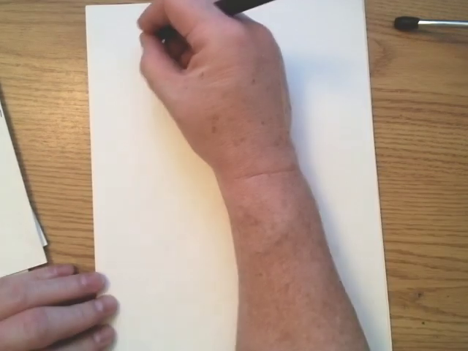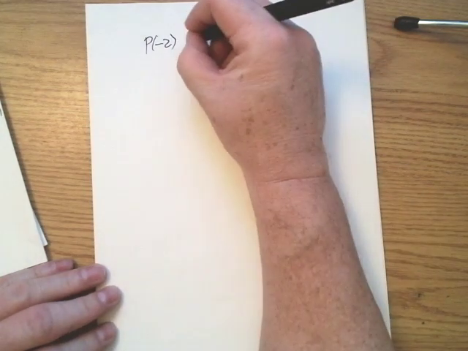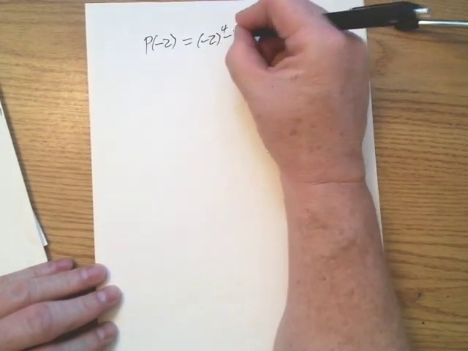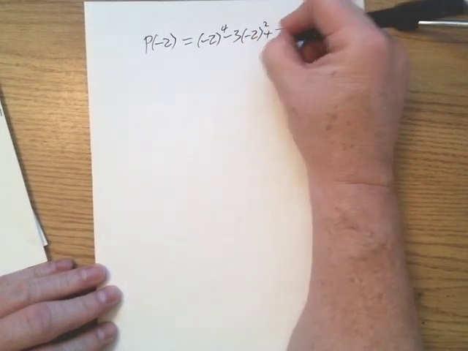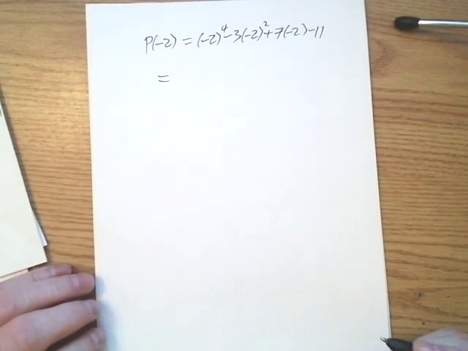But I don't know what you want to call this, direct evaluation or something. This will just be for our double check here. So I'm letting x be -2 everywhere in that polynomial. And let's see if we don't get -21 here.